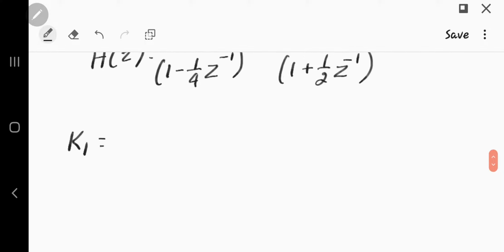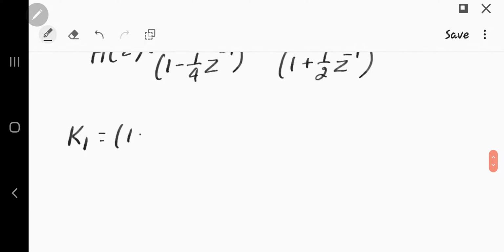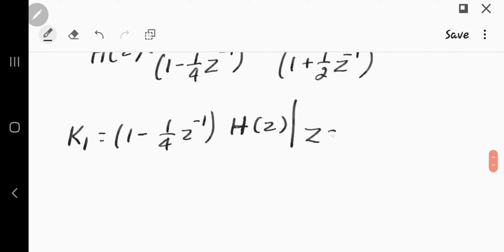k1 is equal to the denominator 1 minus 1 by 4 z inverse into H of z, where z takes the value of the pole, which is 1 by 4.